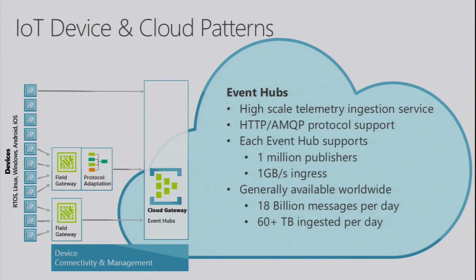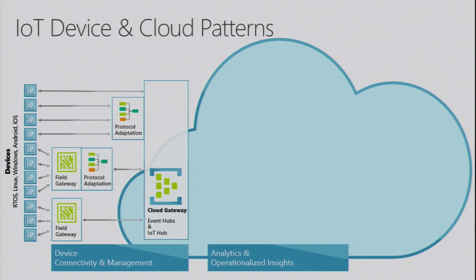Now, there may be some field gateways that do not speak the protocol for Event Hubs. So there are two ways that we can handle that. First of all, we will provide an SDK for these field gateways, maybe some kind of router box for IoT devices made in China, right? We do not know what kind of protocol that is.